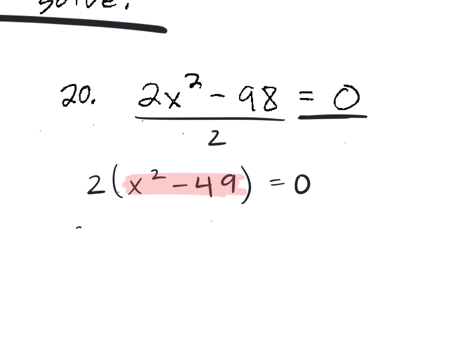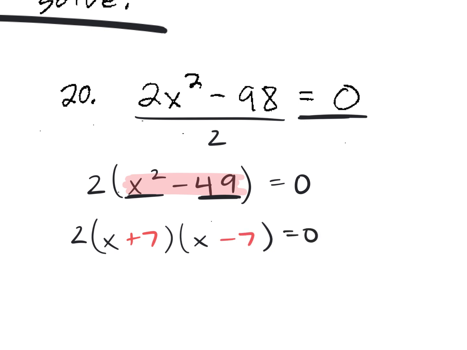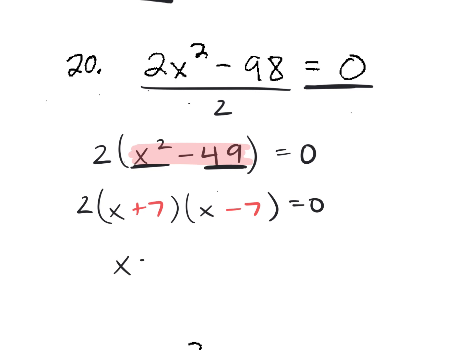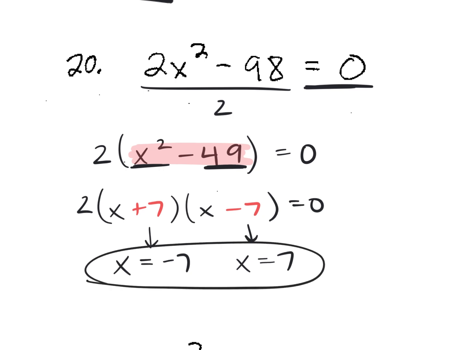So we can go ahead and set up this problem as what times what gives me x squared, that would be x. And then what times what gives me 49, I would have a positive 7 and a negative 7 as an option. Okay, so this is equal to 0. So I'm going to get two answers here. I'm still going to get x equals negative 7 and x equals 7, respectively, solving that for equal to 0. So those are my two answers for number 20.